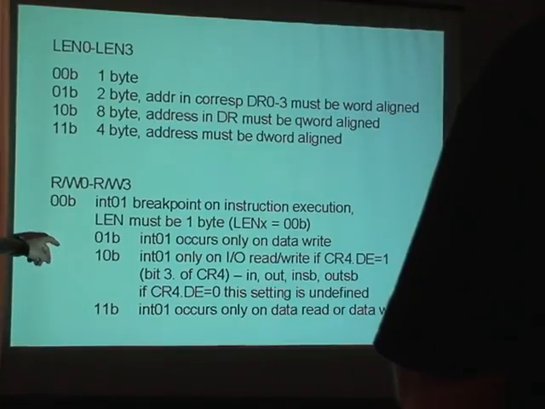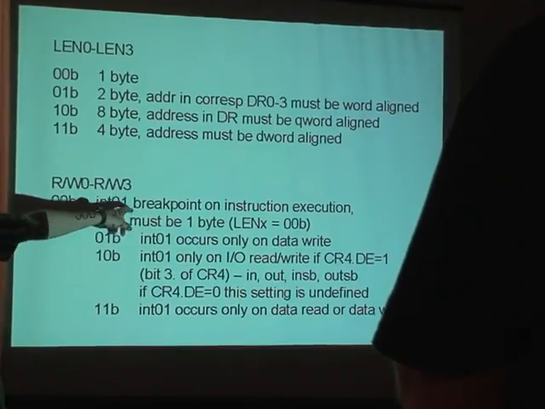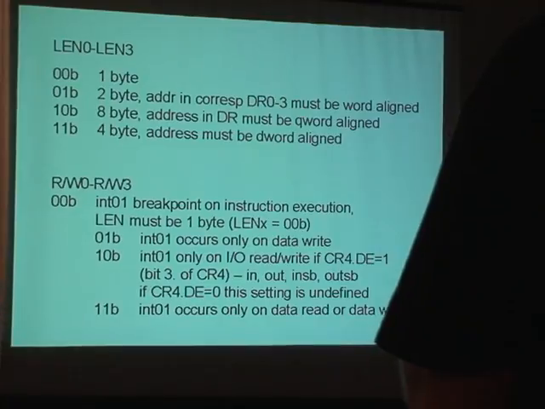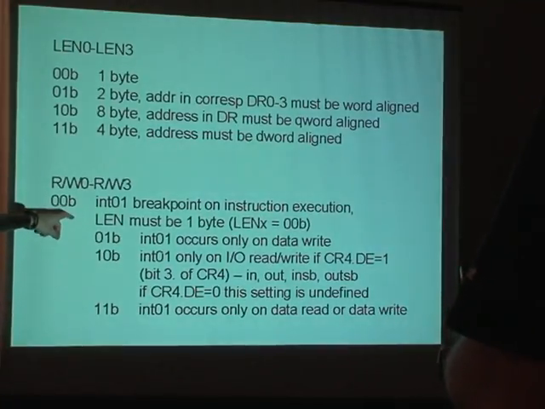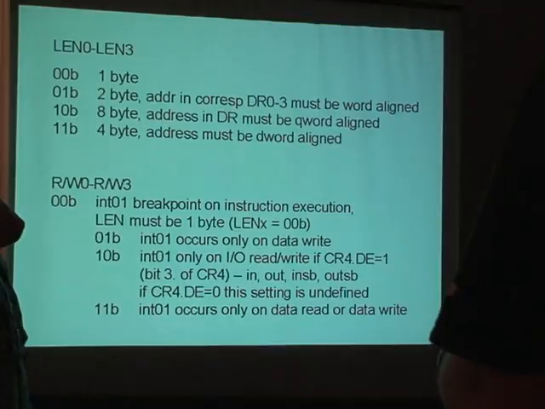Then we must set the type of breakpoint. If we would like to set the breakpoint on instruction execution, in this type we put both bits 0. Then we may want to trigger a hardware breakpoint on memory accesses.